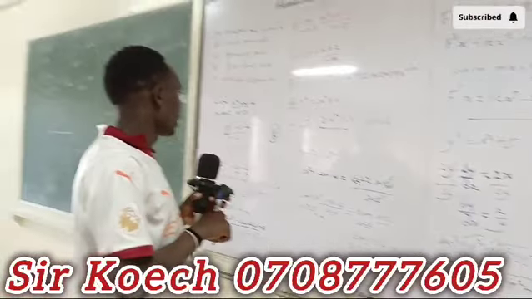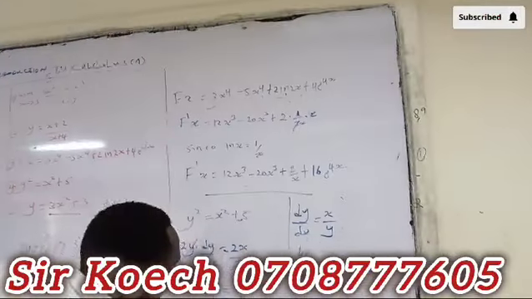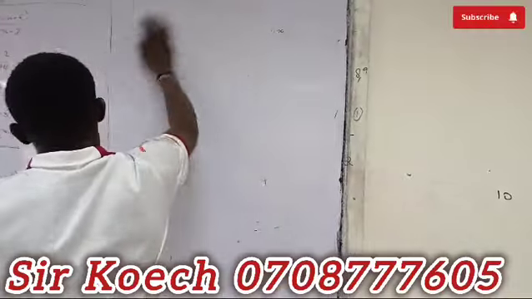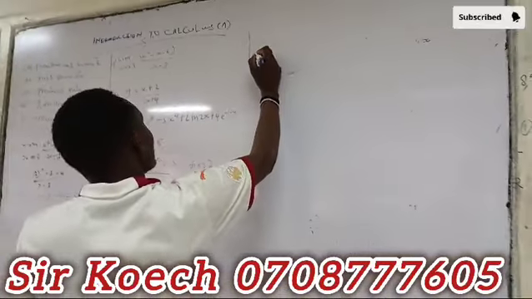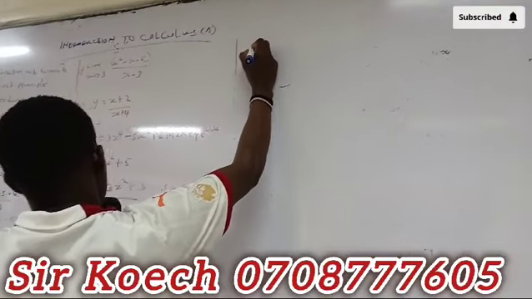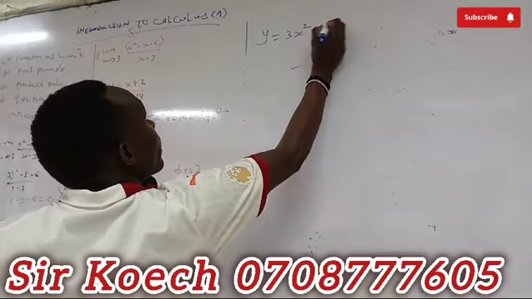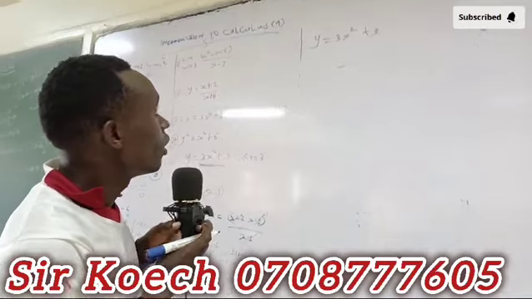So we have the last example, which is the first principle of differentiation. So my last example, using the first principle, differentiate y is equal to 3x squared plus 3. So I'm going to solve this question using the first principle method.